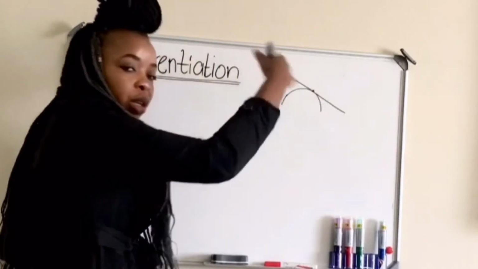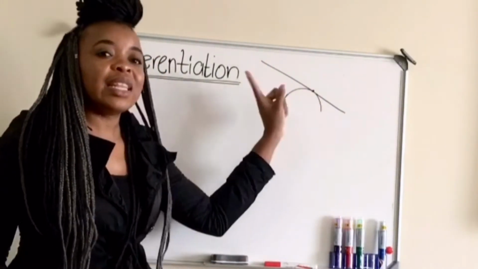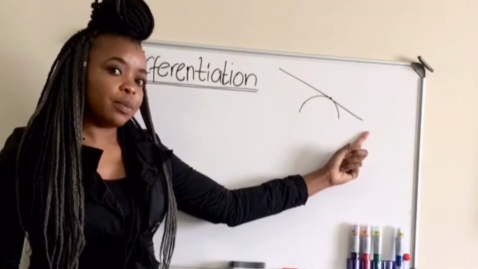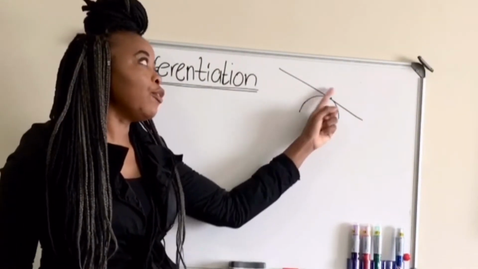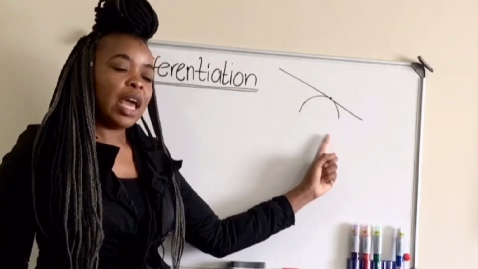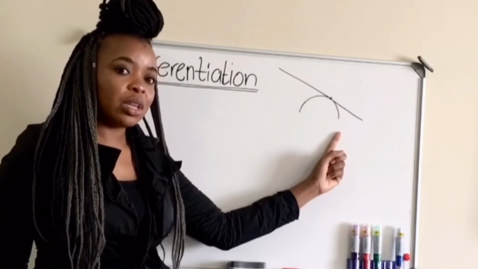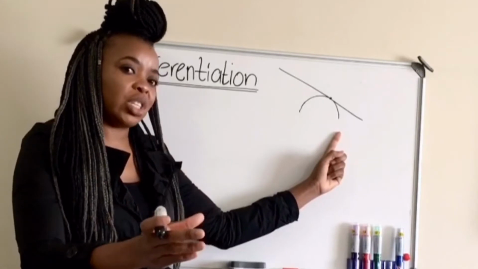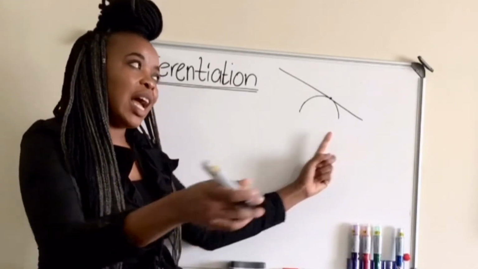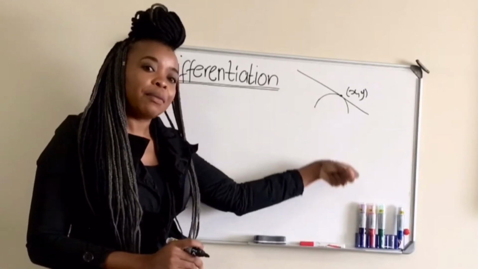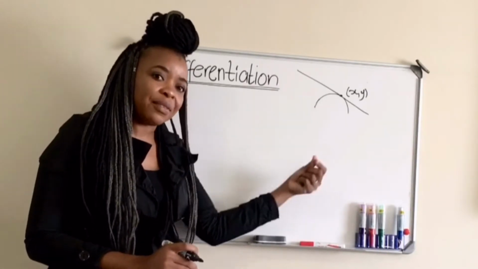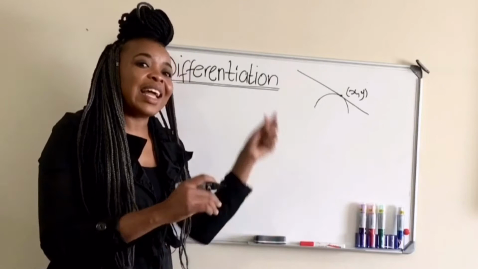I can find the gradient of that tangent, and to do that I would need to differentiate this function, and when I differentiate that function, I have a gradient function. In that gradient function, I then substitute the point, and I then get the gradient.